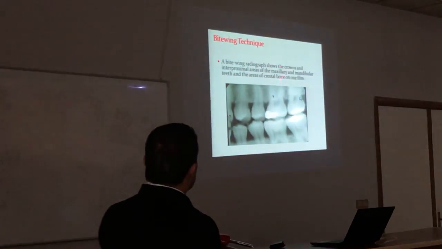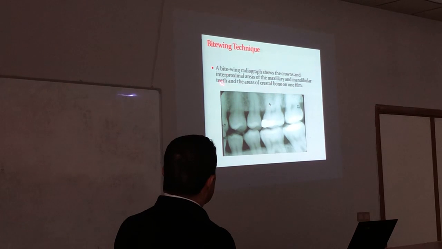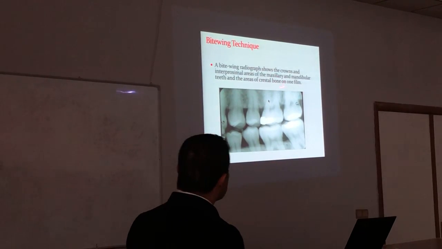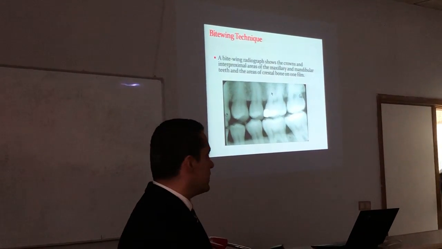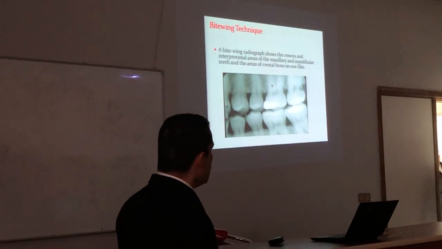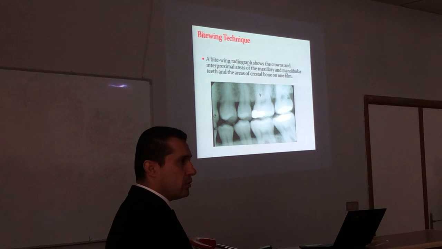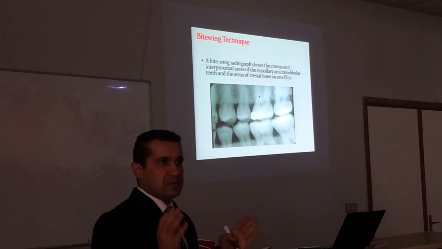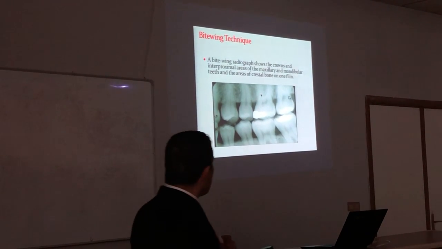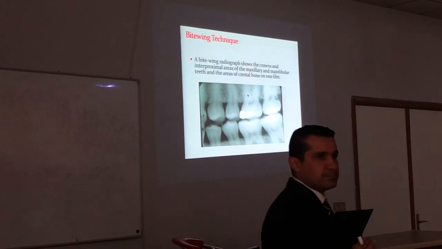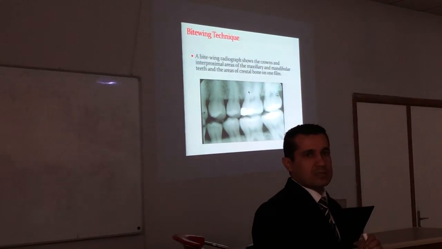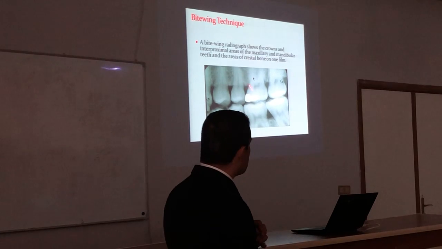So, the bite wing shows the interproximal area of the maxillary and the mandibular teeth, and the area of crestal bone on one film. Crestal bone is also important. This is the crestal bone, or the interdental bone, which is present between two teeth. Why do we need the crestal bone, to see what?